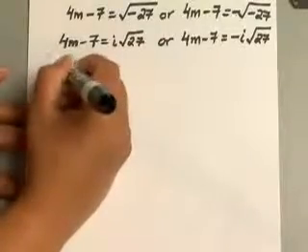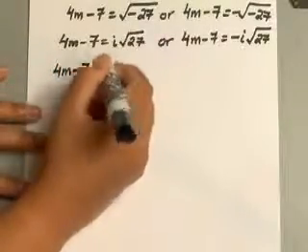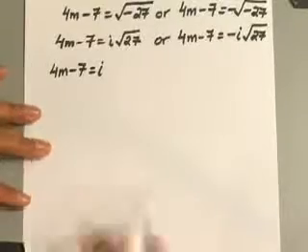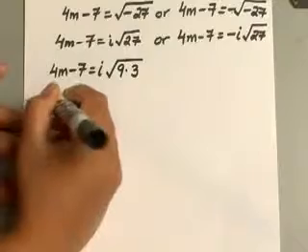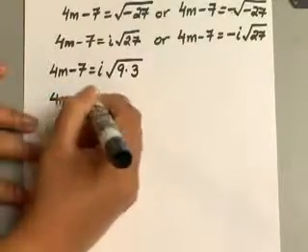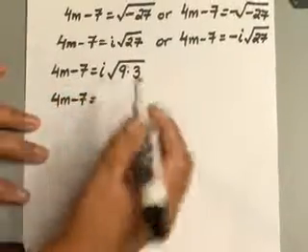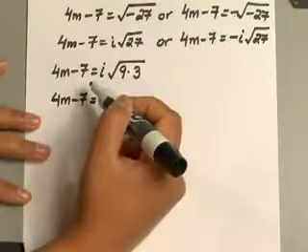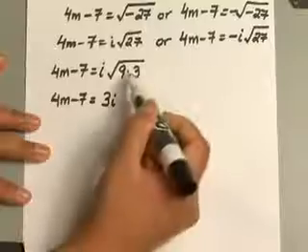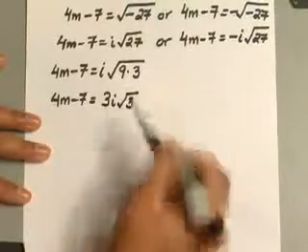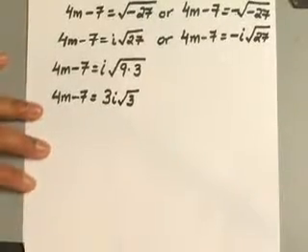So again, 27 is not a perfect square, so we need to simplify that, and you can write 27 as 9 times 3. And just like we did earlier, 9 will come outside of the radical as 3. Okay, your i, and then square root of 3 stays as it is.